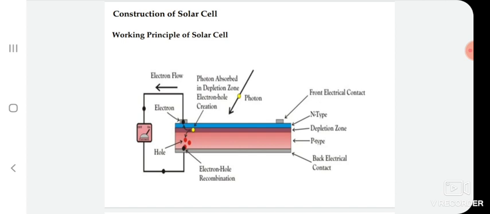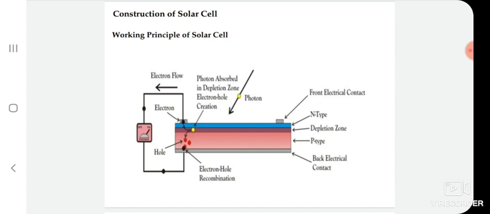As we see in this figure, a very thin layer of p-type semiconductor is grown on a relatively thick n-type semiconductor. We then apply a few finer electrodes on top of the p-type layer, which do not obstruct light from reaching it.